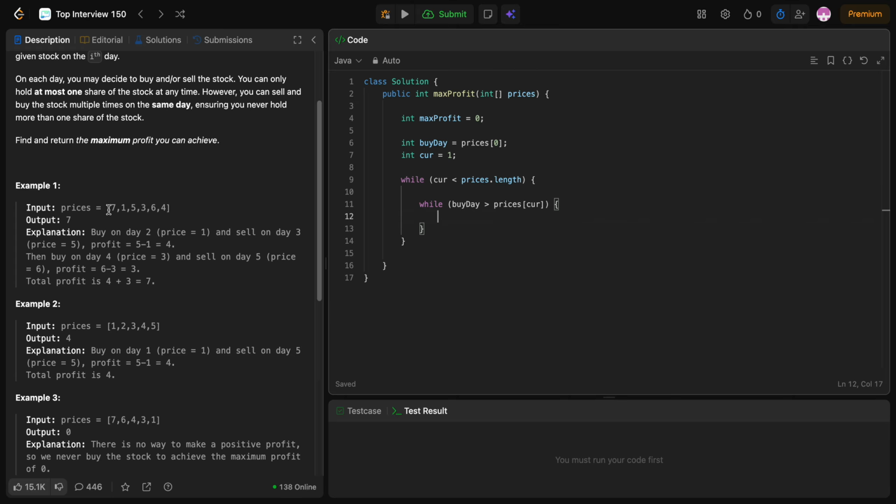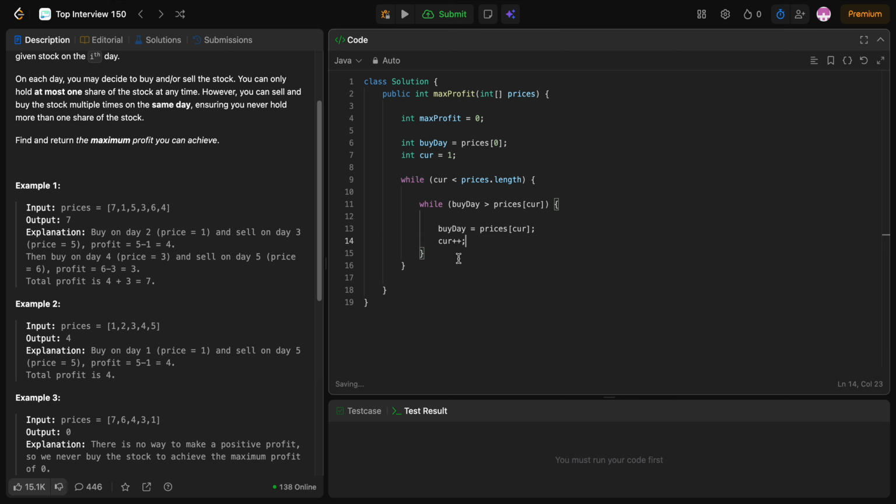So for example, in this example here, 7 would be buyDay, and this would be prices[cur]. Then we'll do buyDay equals prices[cur], and then we'll say cur++.